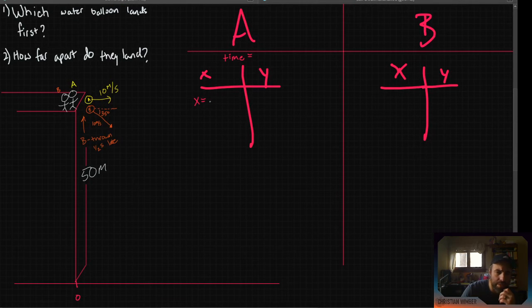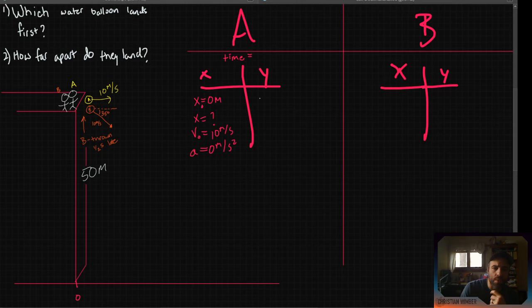So person A's balloon starts off at 0 meters. Their final position is one of the things we're looking for. Their initial velocity is 10 meters per second, straight to the right. There is no acceleration horizontally.